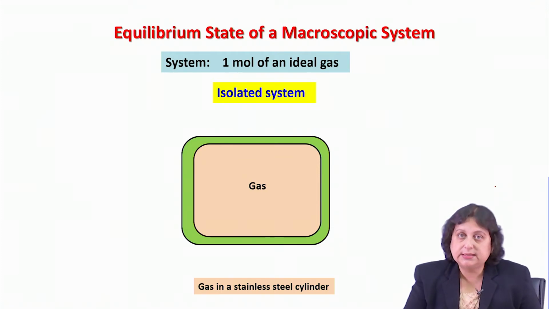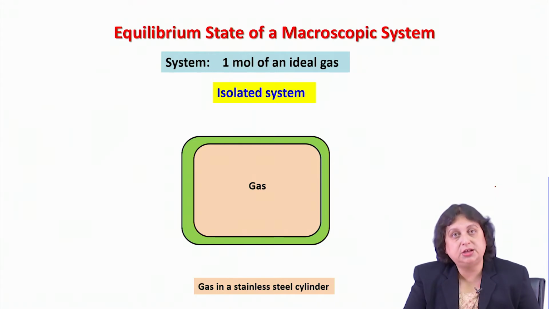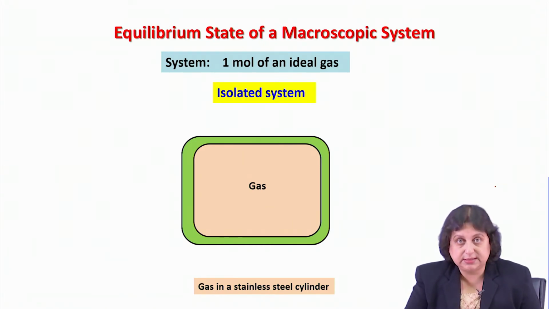If I put this stainless steel cylinder in air, then what will happen? The stainless steel walls of the system, they are conducting. They will be able to exchange thermal energy with the surrounding air. So this is by definition not an isolated system.